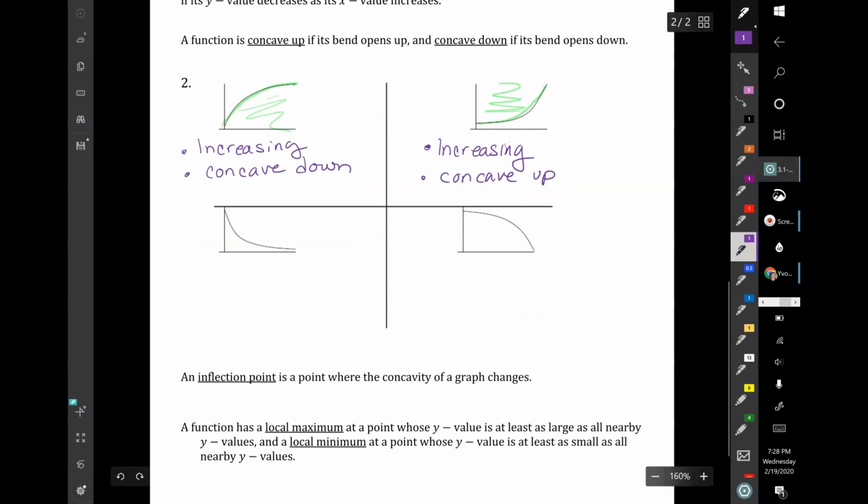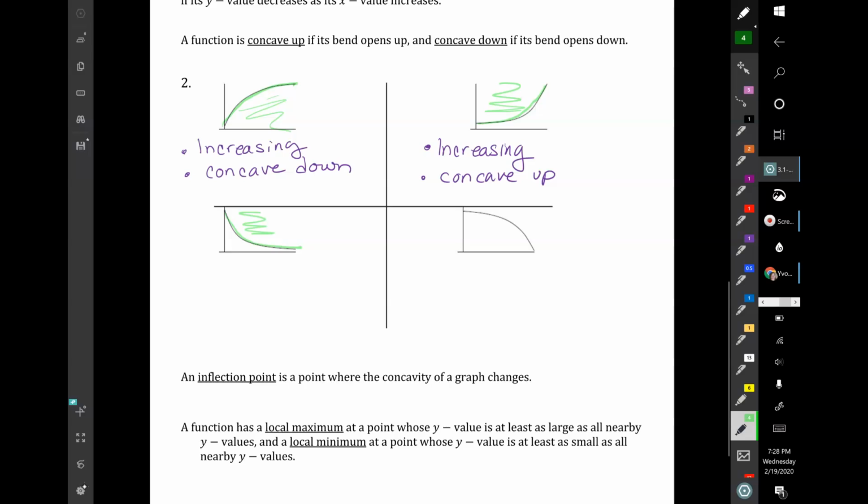Okay, this curve in the left-hand corner, from left to right, is decreasing, but also the bowl would stay filled. So we have decreasing, and that would be concave up.